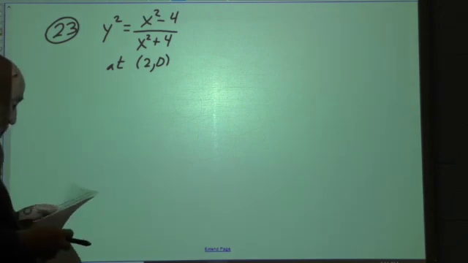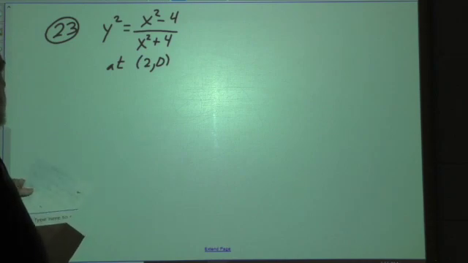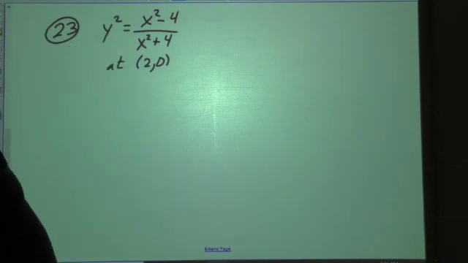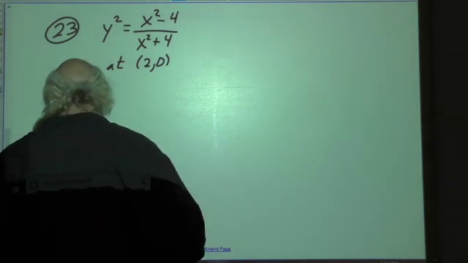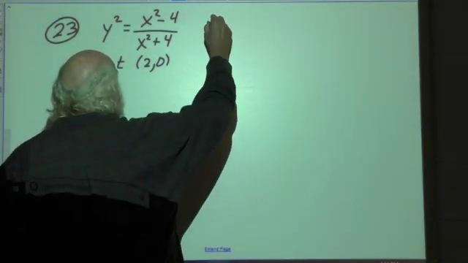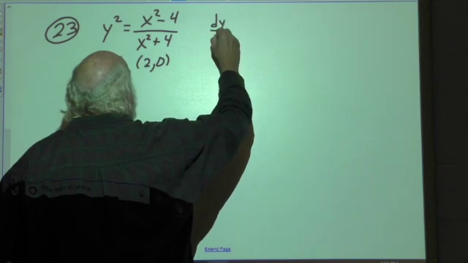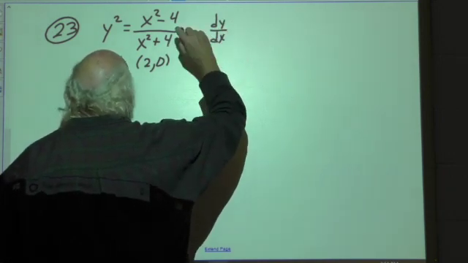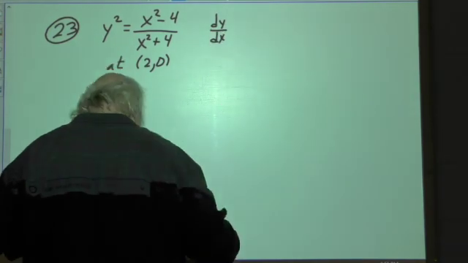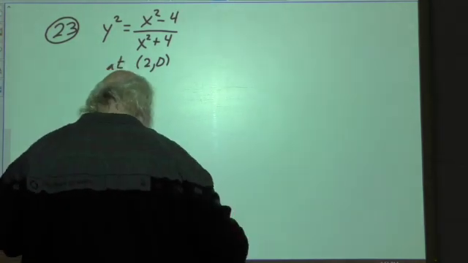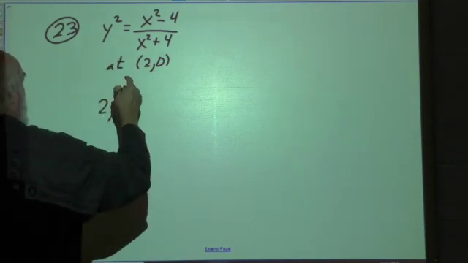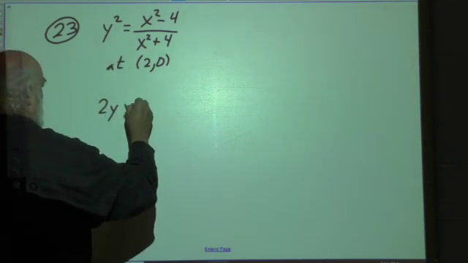So, this is rather nice here. We've got the y squared over here, so we know that this is going to be 2y times dy/dx. Let's put this right down here. 2y, dy/dx, and again, I'm going to put the y prime there.